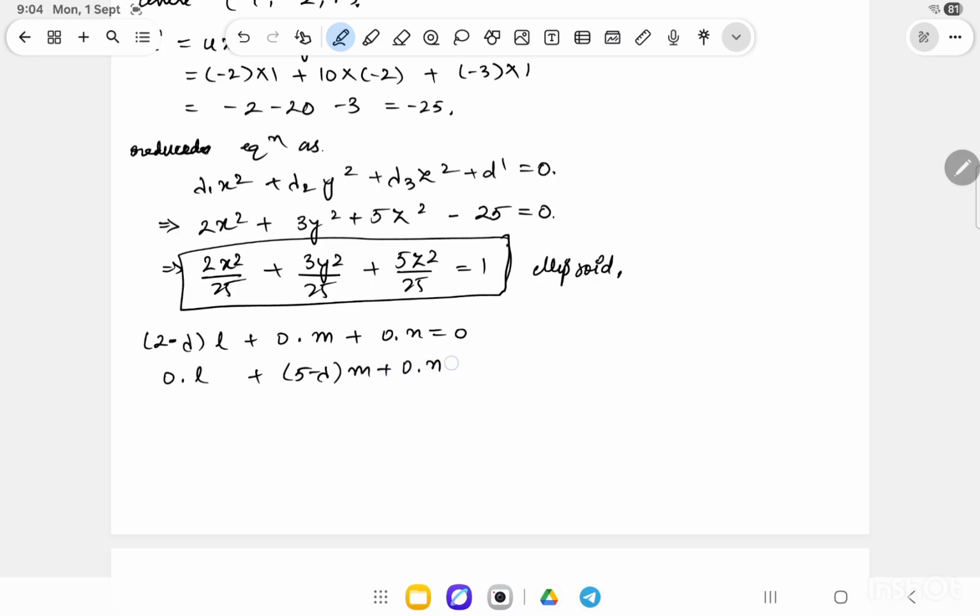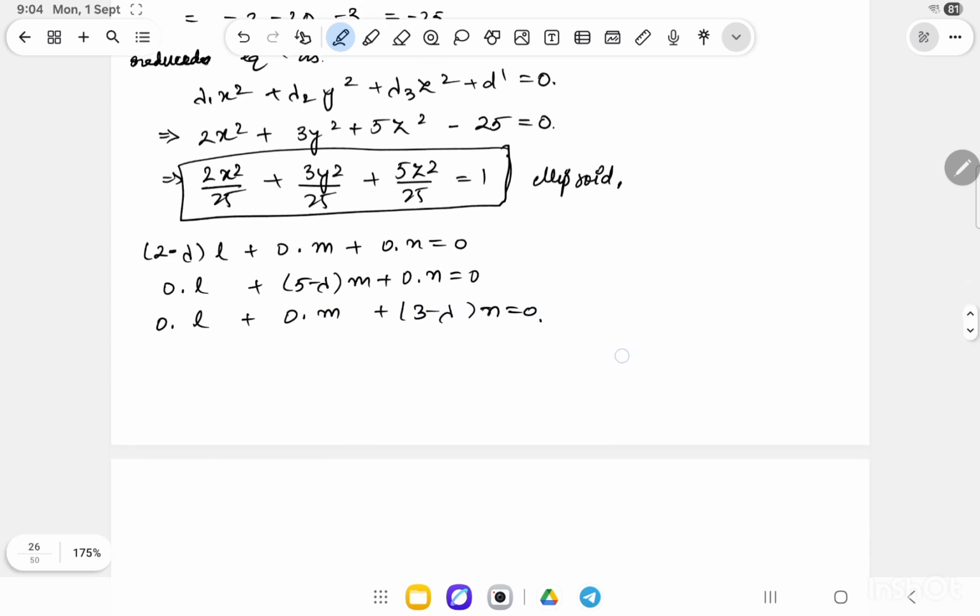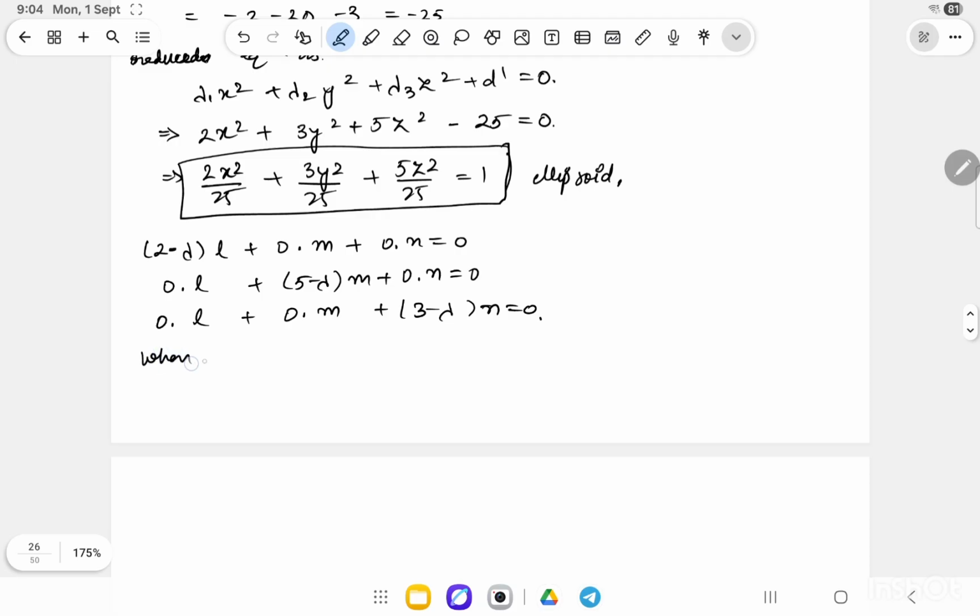We can just solve these for specific values of lambda and we'll be getting 3 direction cosines. So let's just solve it for lambda equals to 2. So when lambda is equals to 2, the first equation will basically be 0 only. So we'll be solving the below two equations.